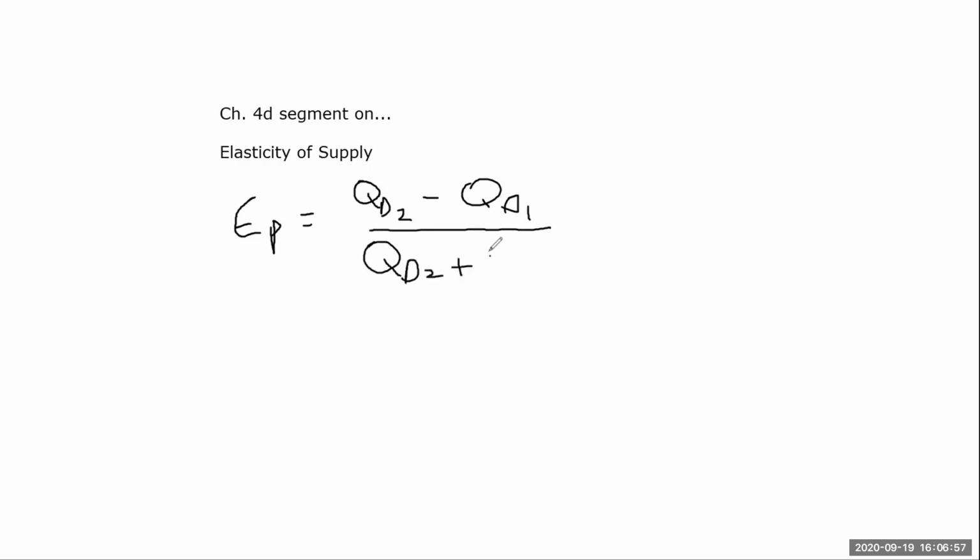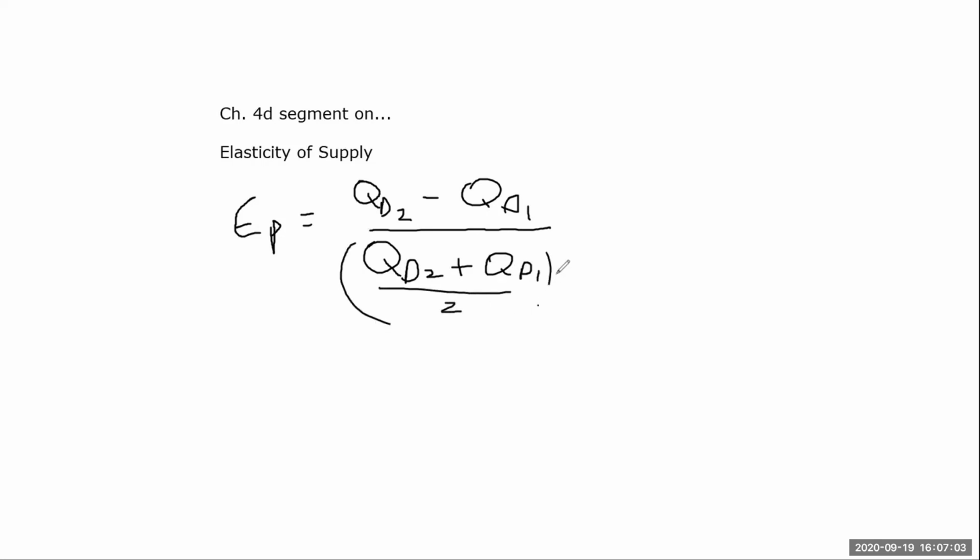I'm going to say that the elasticity or price elasticity of demand is equal to Q demanded 2 minus Q demanded 1, all divided by the average quantity, QD2 plus QD1, divided by 2.